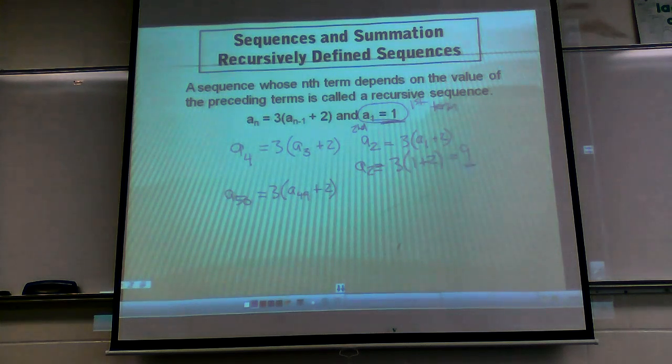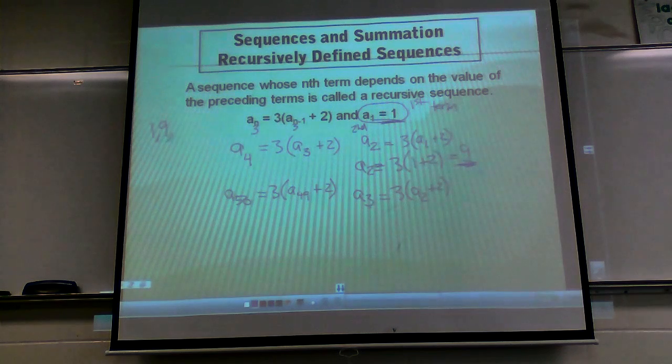Now this term right here would factor into my third one. So right now, I've got first term is 1, second term is 9. My third term would be, according to the formula there, 3 times the second term, because again, 3 is my n, 3 minus 1 right there is 2, plus 2.